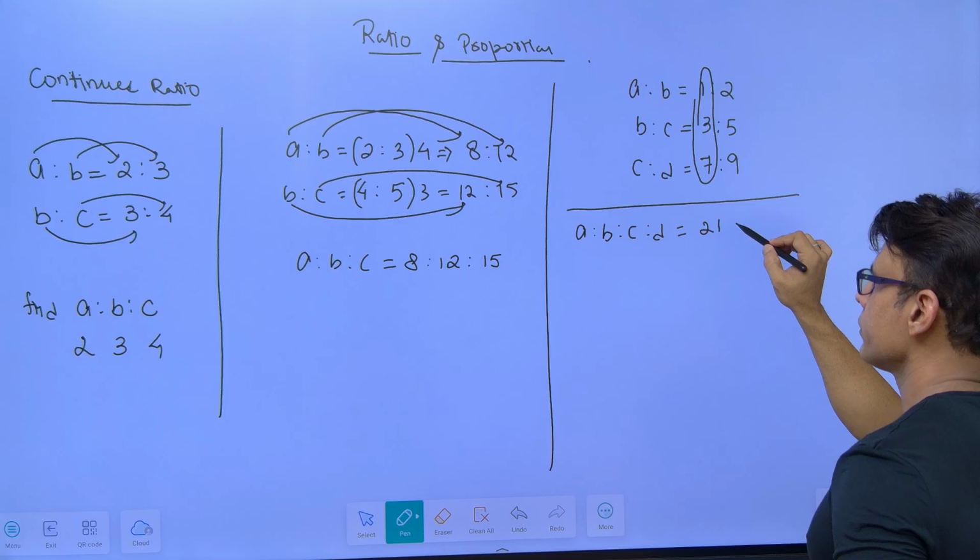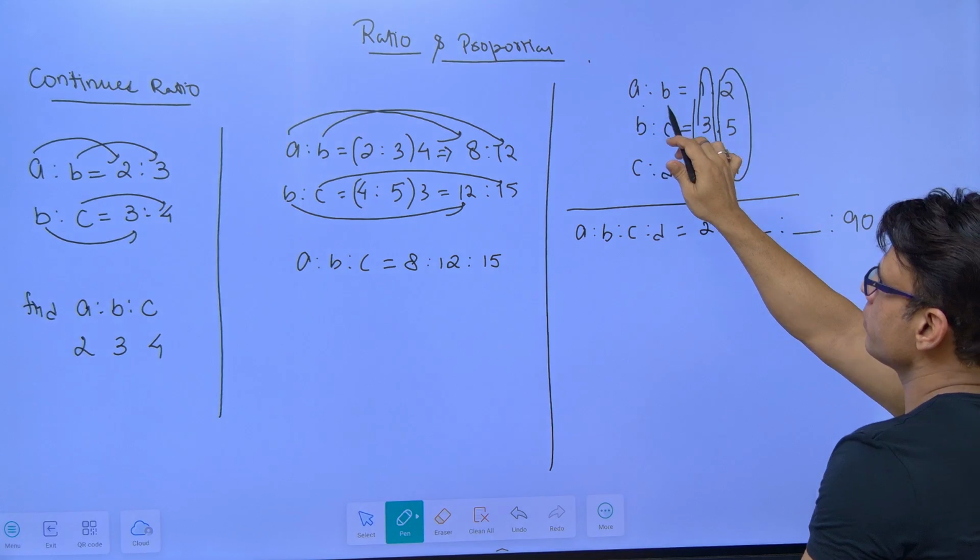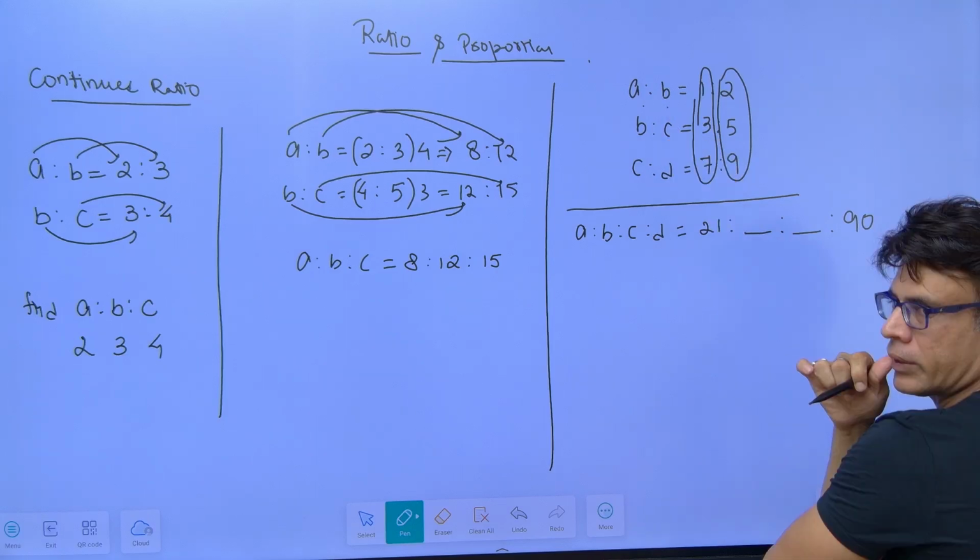How to find out B, right? First of all, you can use basic calculations. From here, the ratio of A is to B is 1 is to 2. That means if A is 1 part, B is 2 parts. A is 21, so B will be double of that, which is 42. Suppose you cannot make out how you got 42.